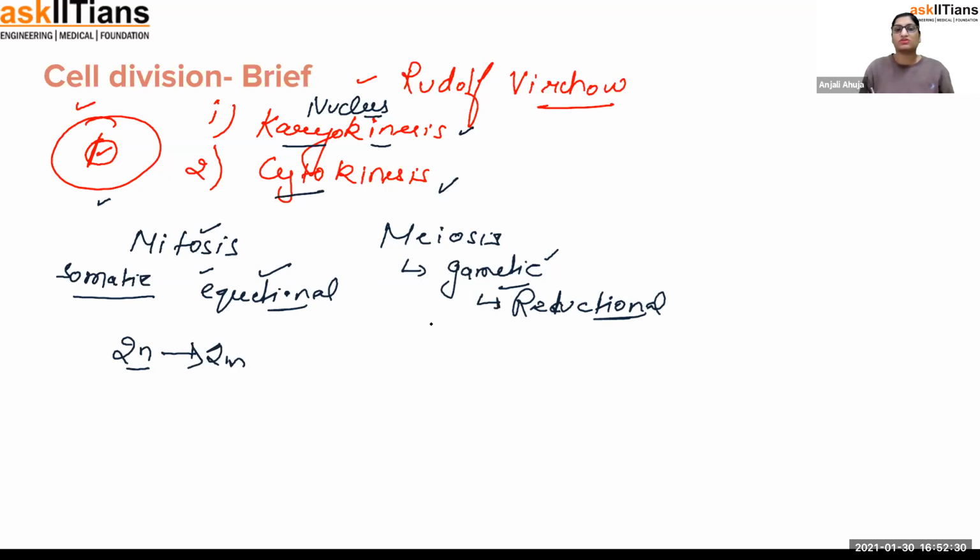I will tell you that also. And here, suppose a cell has 2n before division, it will be n after the division. The chromosome number becomes half. That's why we say it's a reductional division. 2n and n refer to the pairs of chromosomes. The n, if you see, means a set of chromosomes.